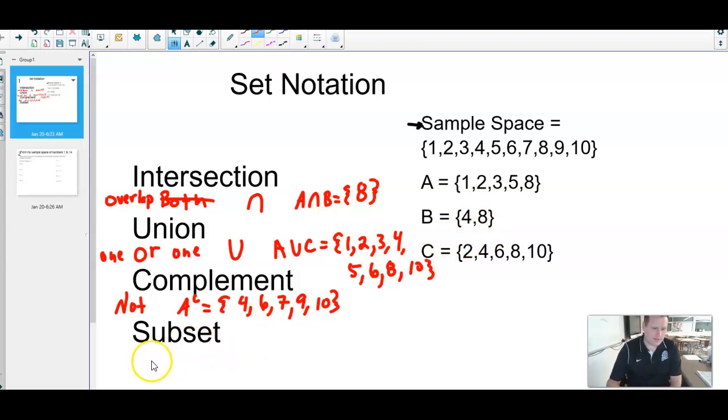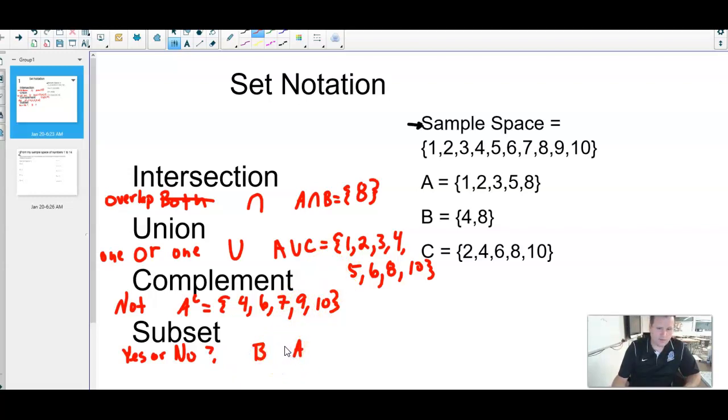And then the last thing is this idea of subsets. A subset is just a yes or no question. For example, if I ask you, is B a subset of A?